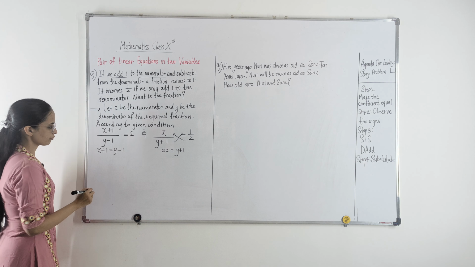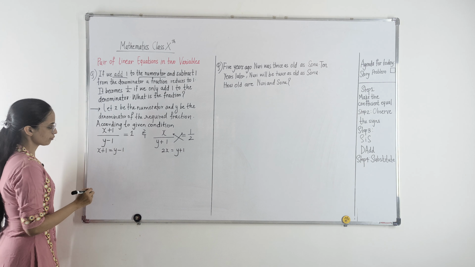So here I'm supposed to take variables on one side and send the constants on the other side. So I'll get x minus y equals to minus 1 minus 1, which is x minus y equals to minus 2. Similarly, I just have to send y on the other side. So I'll get 2x minus y equals to 1.